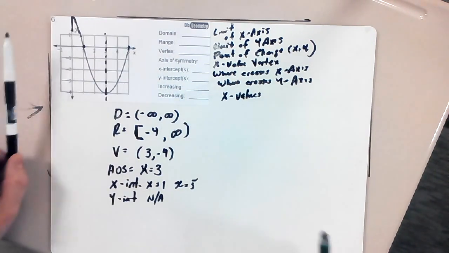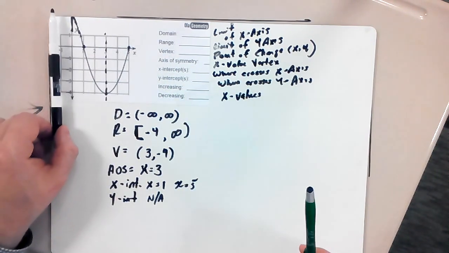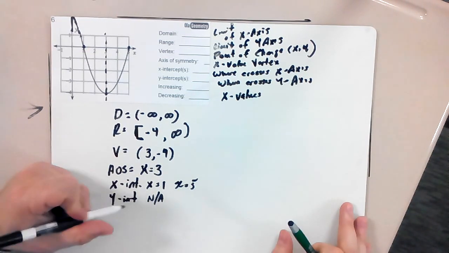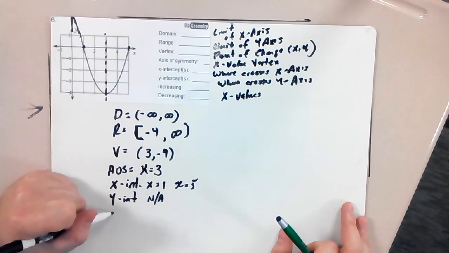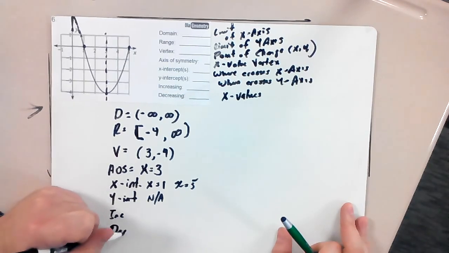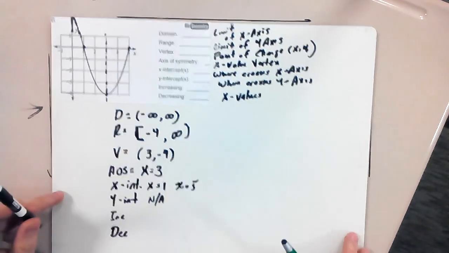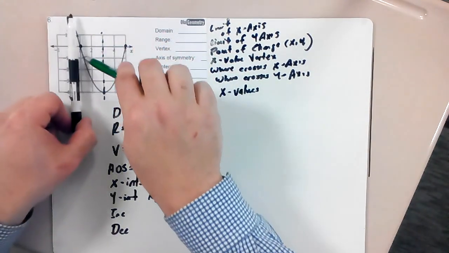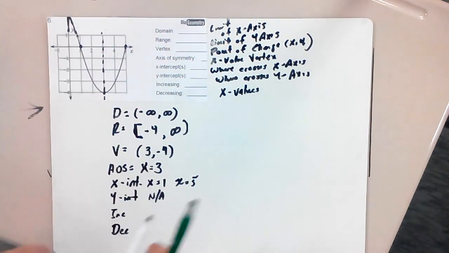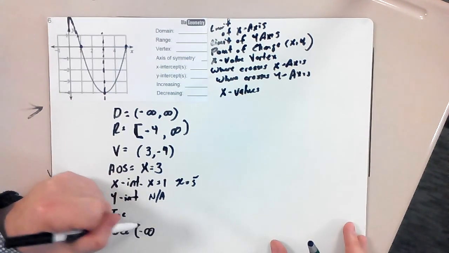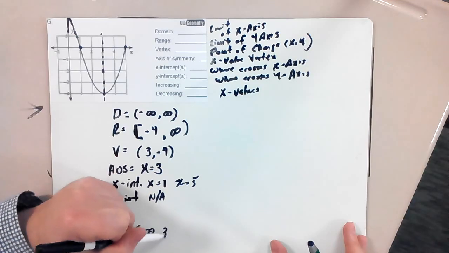So from negative infinity to 3, it is decreasing. So I'm going to say this is increase and decrease. From negative infinity to the vertex, it is decreasing.